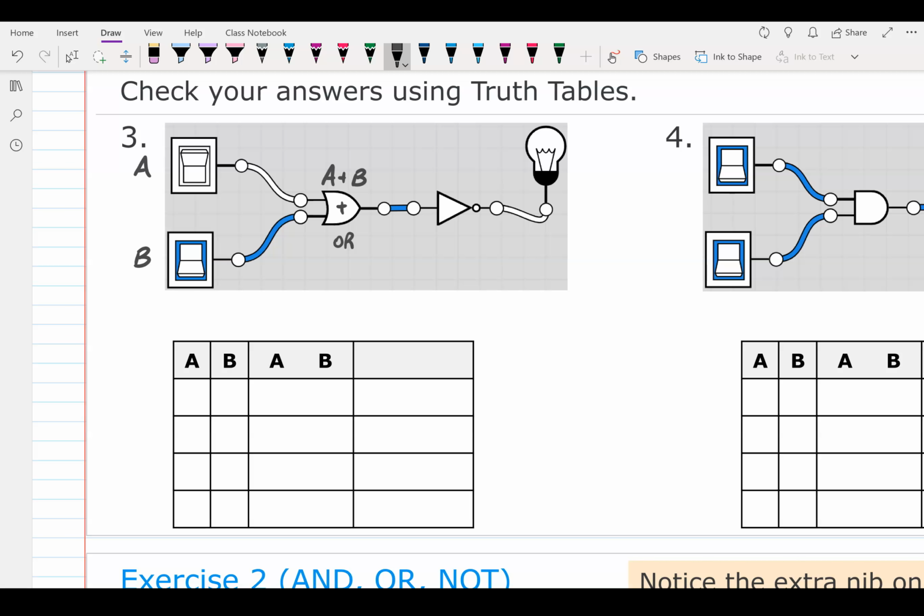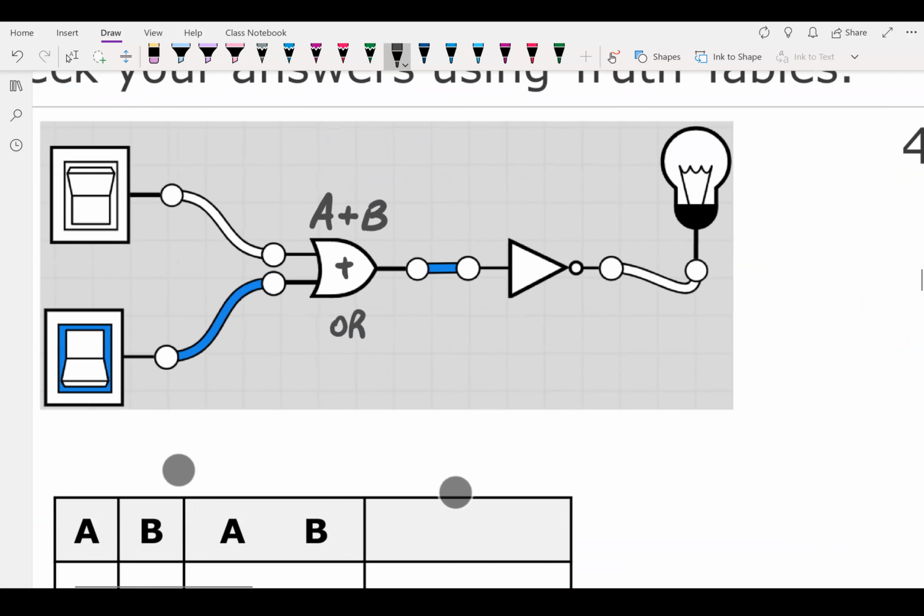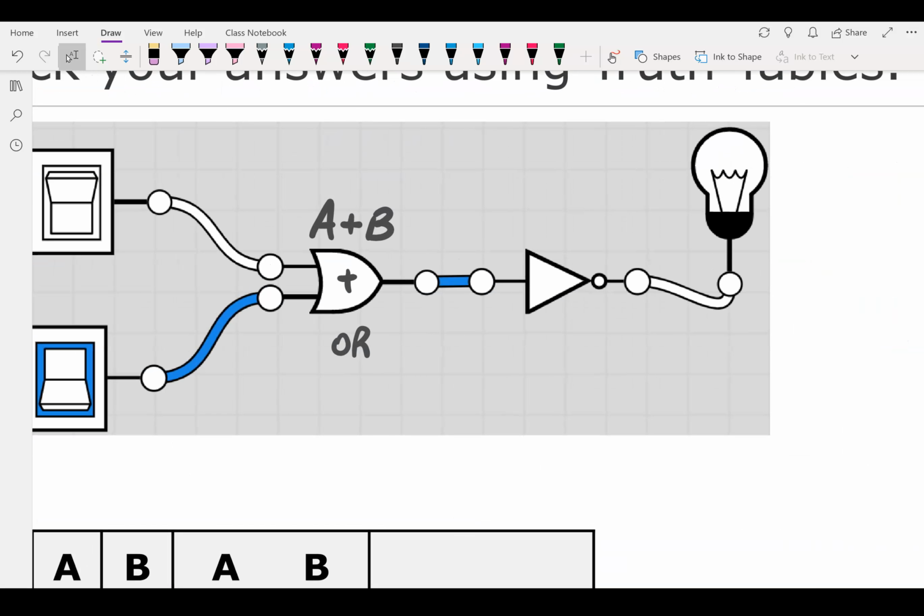That's the connective. If A or B flows into a NOT gate, the whole expression is negated. This is extremely important. The order here is extremely important. You can't negate something unless you have an expression first. So you have A plus B, and then it's negated. All right?